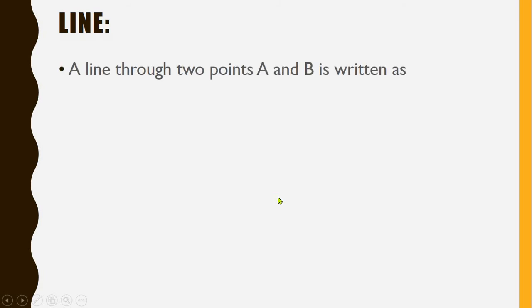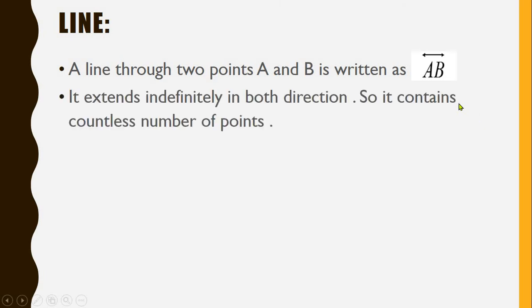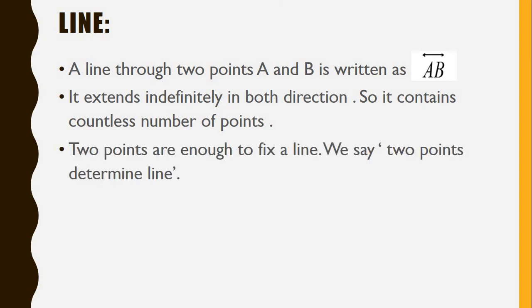A line through two points A and B is written as line AB. Its symbol is like this. It extends indefinitely in both directions, so it contains a countless number of points. Two points are enough to fix a line. We can say that two points determine a line.